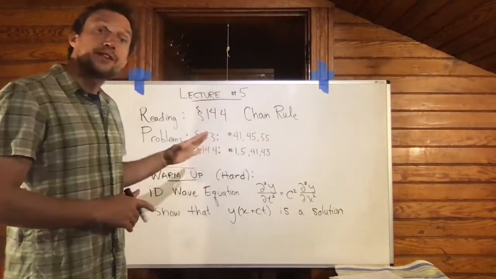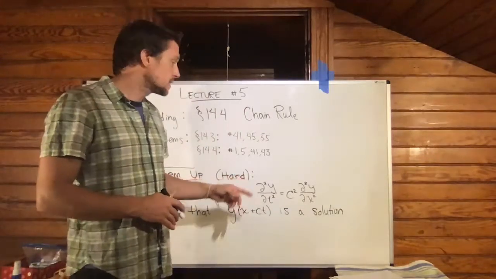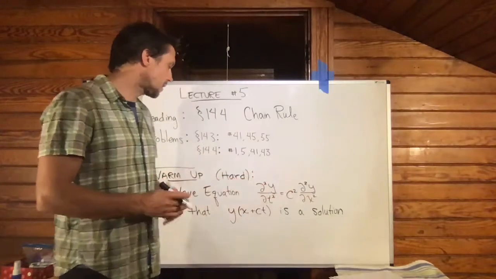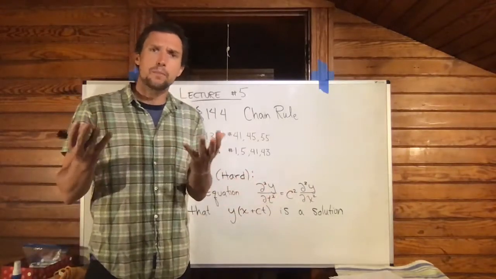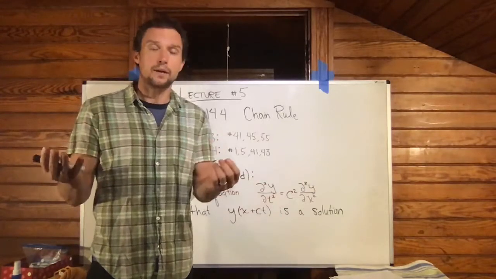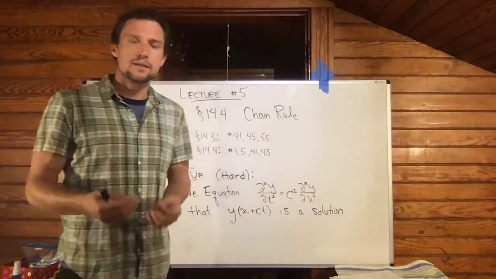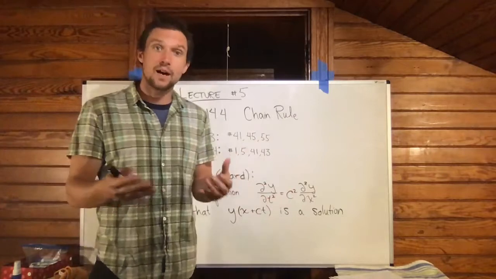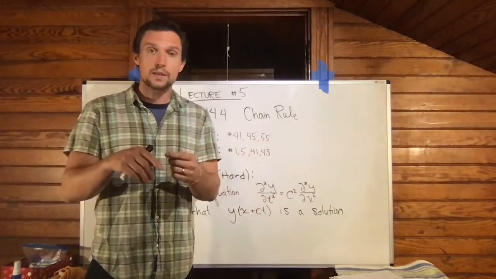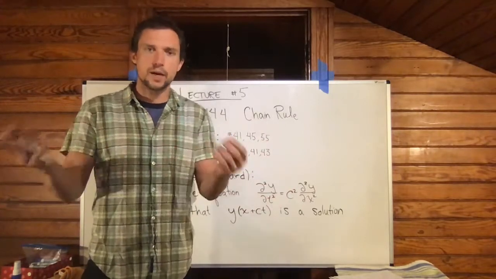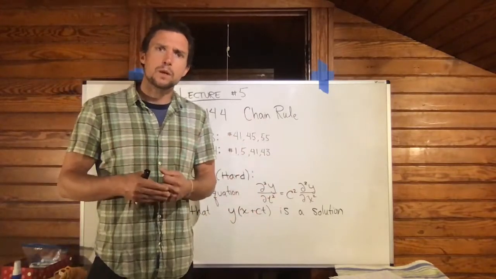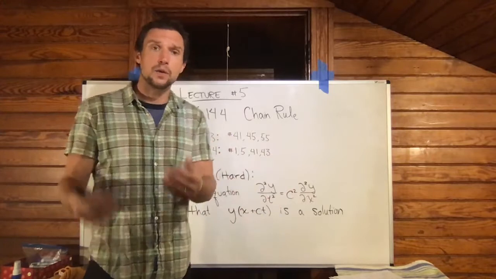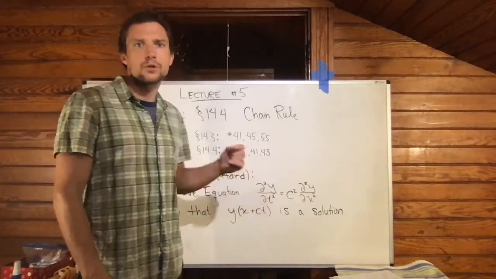The other reason that I assigned it is that this equation here is called the wave equation, and it governs the shape of a plucked string. So in fact, the example that we did last lecture where we looked at a plucked string, it's governed by this equation. And the mathematical model that I used was a modified version of this equation.